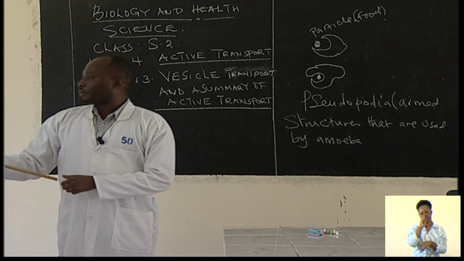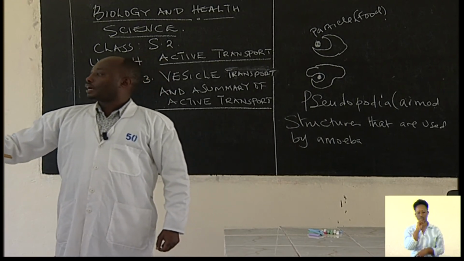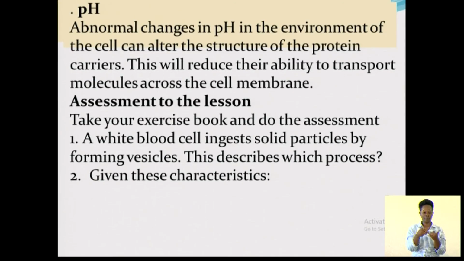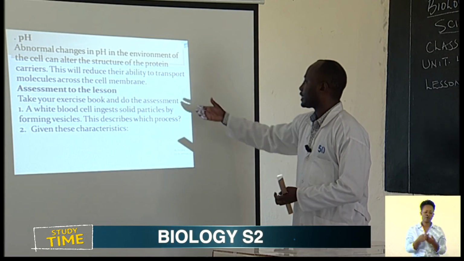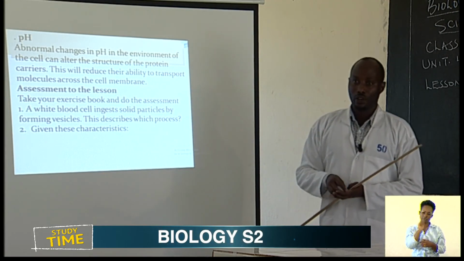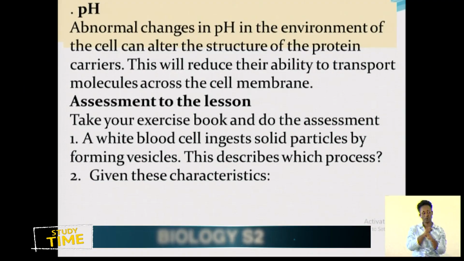Let's talk about the assignment. Take your exercise books. I remind you to take your exercise books and do the assignment. White blood cells ingest solid particles by forming vesicles. Describe which process. What is that process? How does amoeba take these solid particles? I will do one for you.